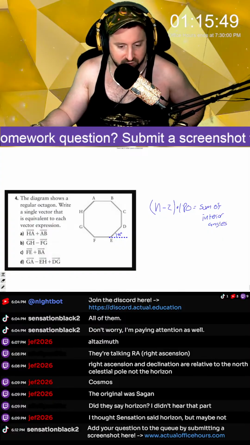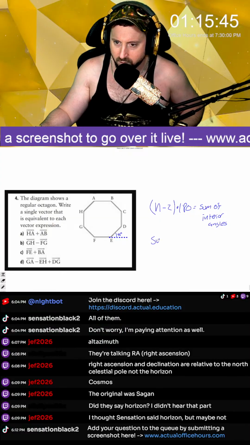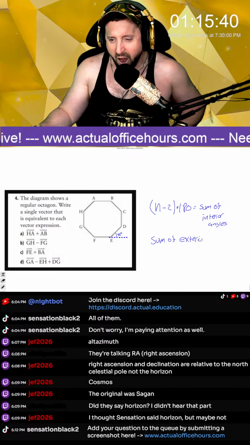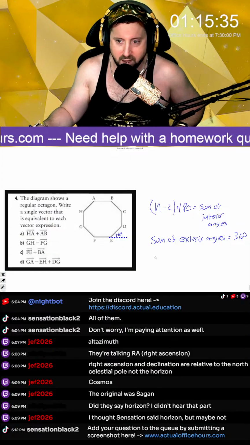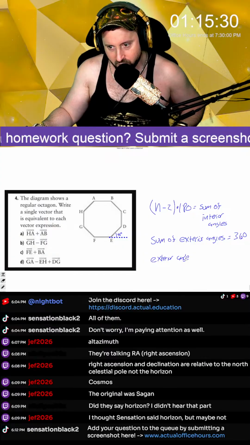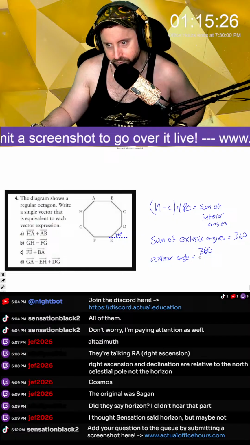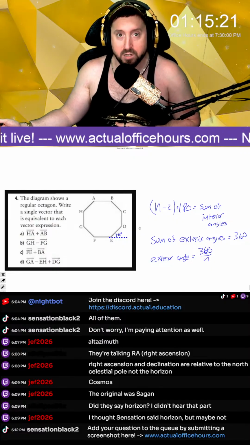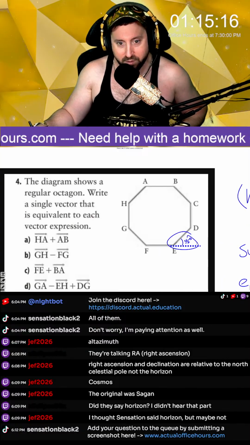And then the sum of the exterior angles is always equal to 360, because you have to go around in a circle. So an exterior angle is just equal to 360 divided by n, which makes sense because 360 divided by 8 gets you 45. Okay, so I know that's what the exterior angle is.